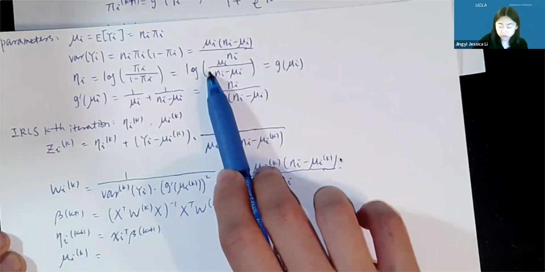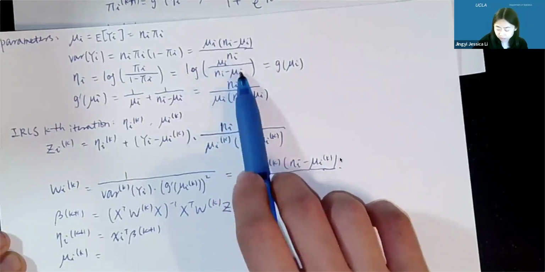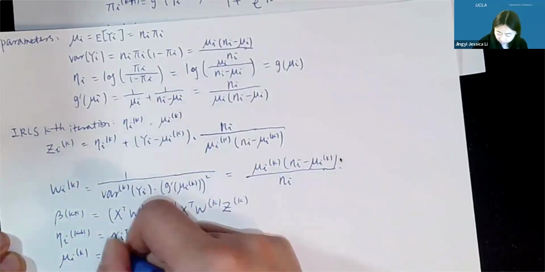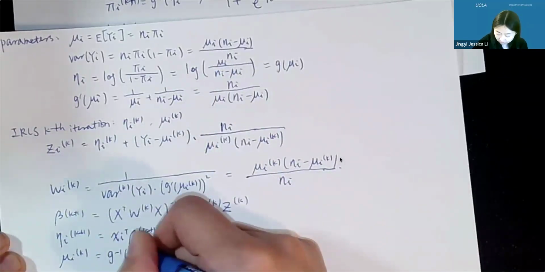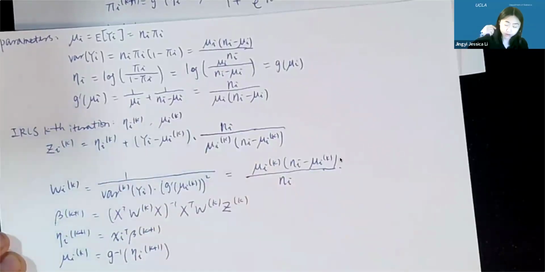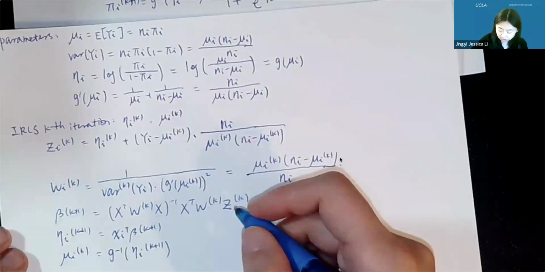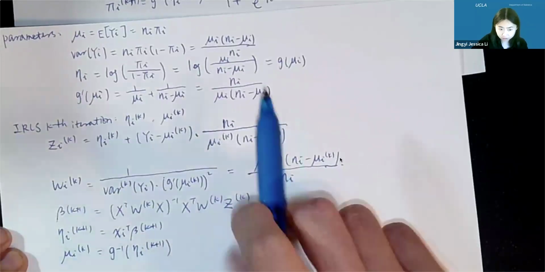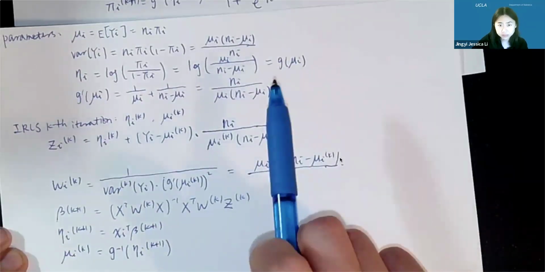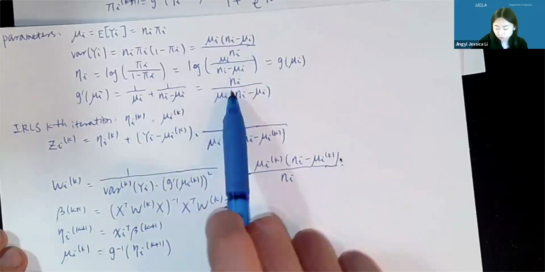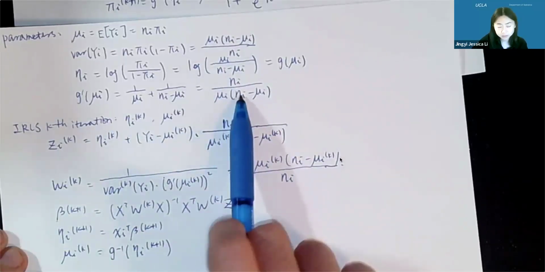Similarly, we apply the inverse link to eta_i^{k+1}. The good thing is that we can show it's actually the same as what we have here, except for the n_i. We just need to make sure that when we solve this, it's no longer 1 but n_i.